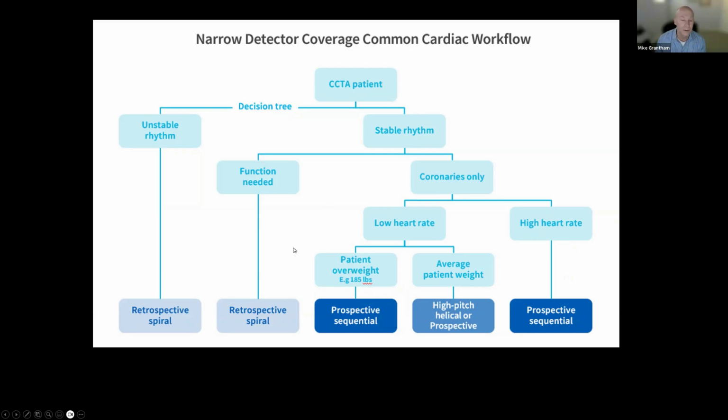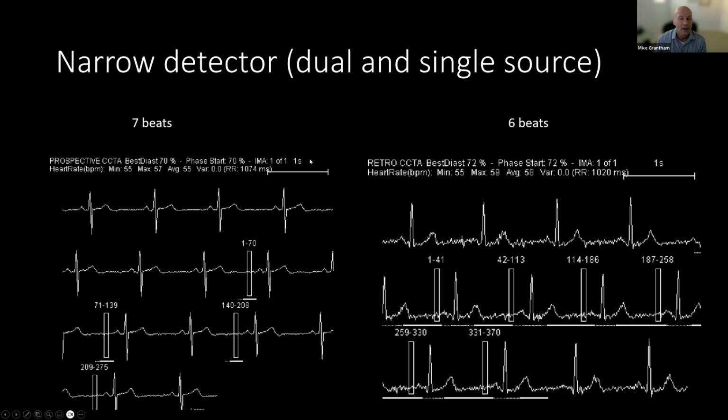And with a single source or dual source, you have to decide whether you're going to do a prospective or retrospective, and how much of the cardiac cycle you're going to cover. And this is what it looks like to do a prospective or a retrospective study, either with a single source or dual source. It looks exactly like this, no matter which type of scanner you have.